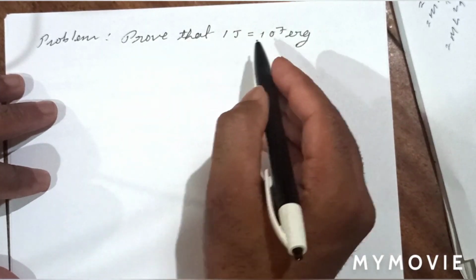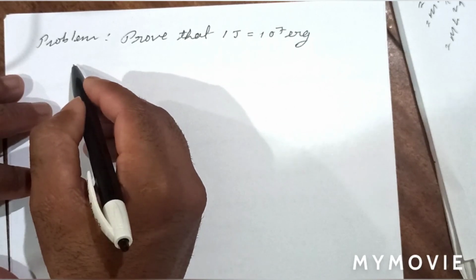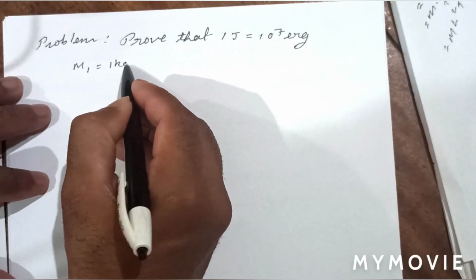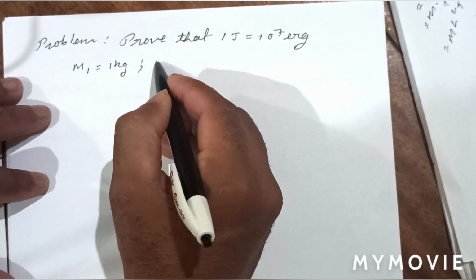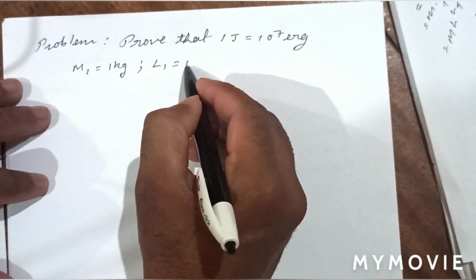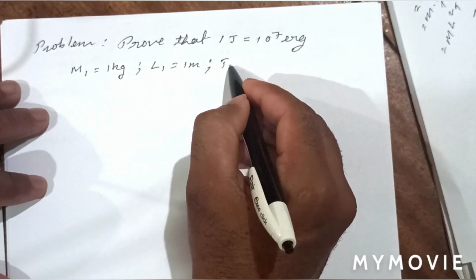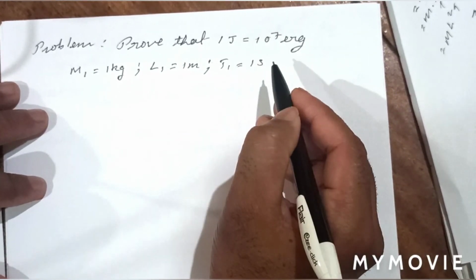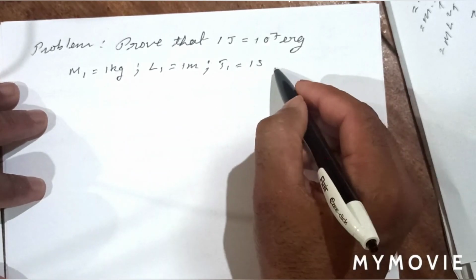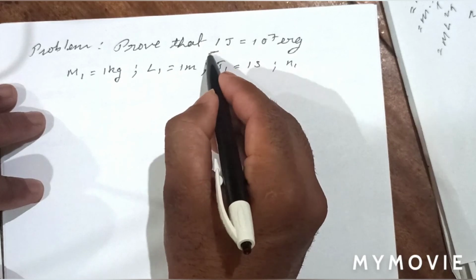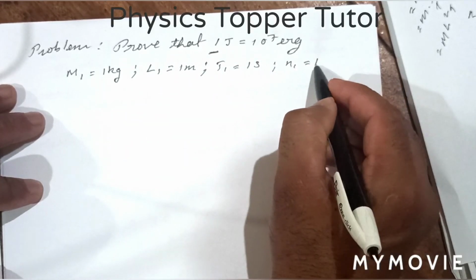So in the bigger unit we have M equal to 1 kg. We have to write like this. Okay, L1 equal to 1 meter, time equal to 1 second. Okay, isn't it? And what is N1? N1 here is 1 joule.